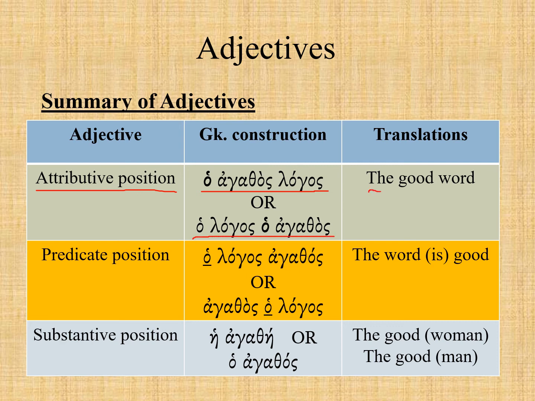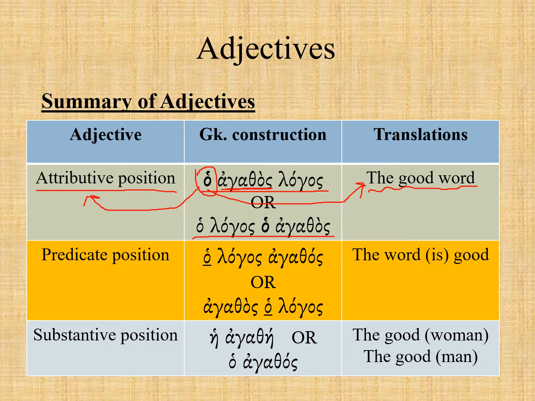And the translation in both cases would be the good word. The way to recognize the attributive position is, remember, the triple A rule. So the article always is in front of the adjective, and that's the way we see its attributive position, and we translate it as the good word.